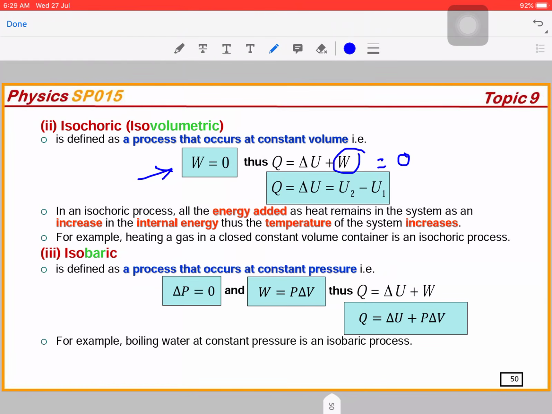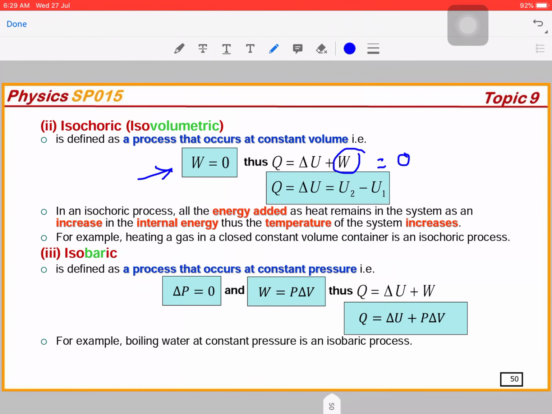Okay. In an isochoric process, all the energy added as heat remains in the system as an increase in the internal energy. Thus, the temperature of the system increases. Okay, so basically, we just add up the temperature. We increase the temperature.